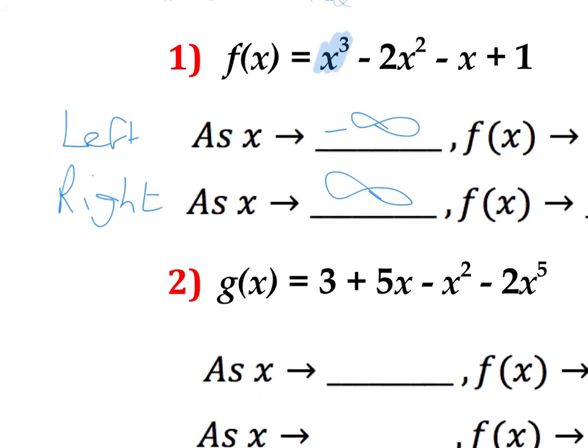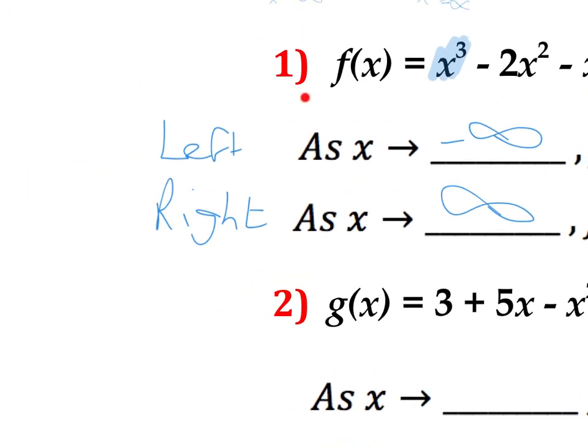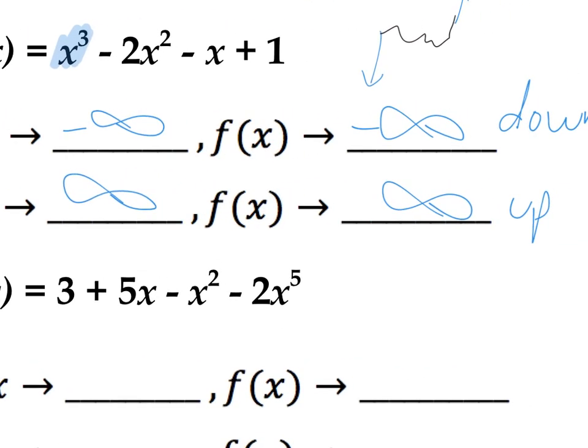When you're setting these up, this will be the same every single time because you're always going to have a left side, right side. So you're always going to have as x goes to negative infinity, as x goes to positive infinity. So this will be the same every single time. The only thing you have to worry about is figuring out the up versus down behavior.